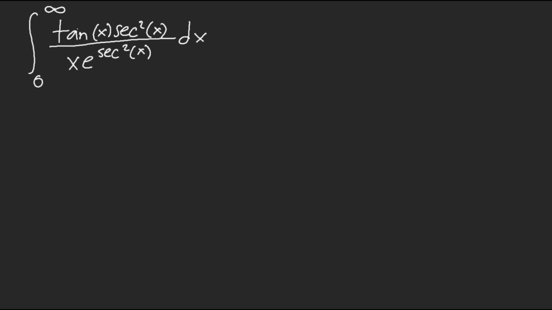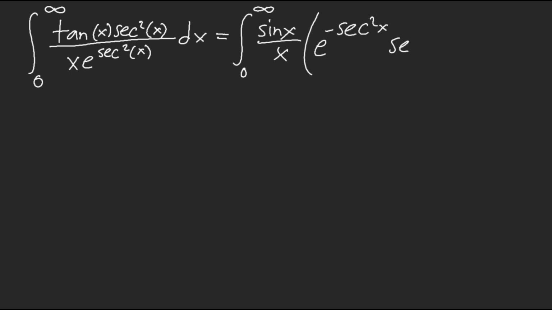We have 0 to infinity, and x out of nowhere. Let me format this in Lobachevsky form: e to the negative secant square, and secant cube, dx. This is technically 1 over cosine of x.